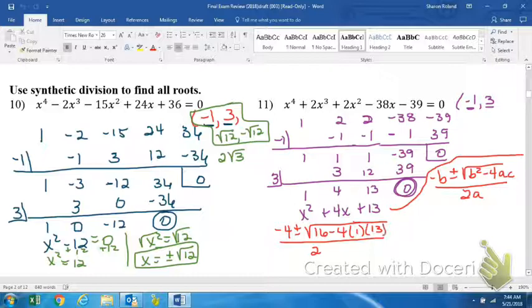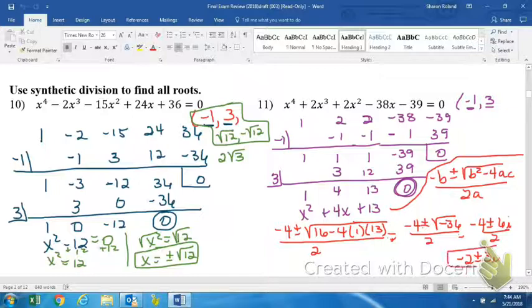If you multiply that, or just look at the discriminant, that's 16 minus 52, which is a negative 36. So that's negative 4 plus or minus the square root of negative 36 over 2. And that's going to be negative 4 plus or minus 6i over 2, and that reduces to negative 2 plus or minus 3i.